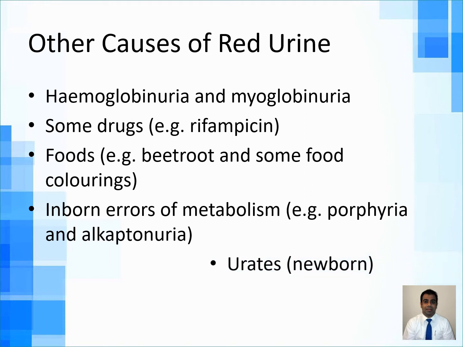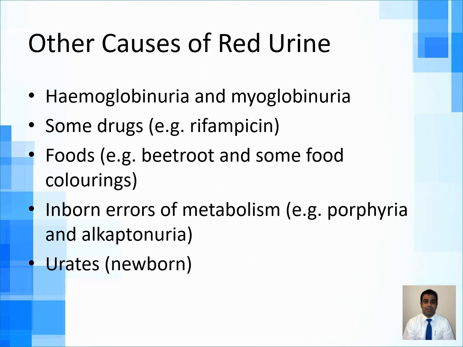So these are all important to note. And we all know that parents of newborns often come with a nappy showing pink colored residue, and this is just urates in the urine. It's not hematuria, and you can reassure them because it's a benign entity.